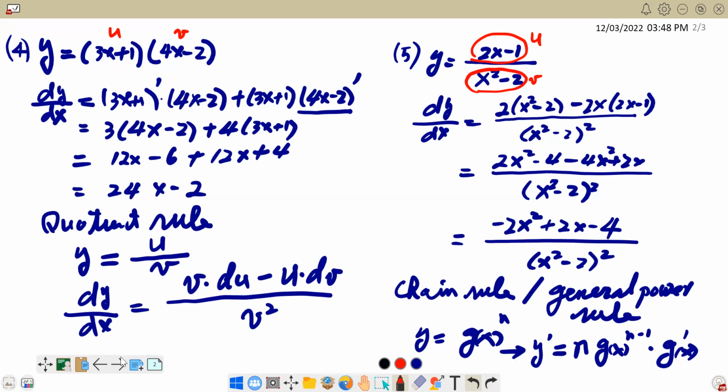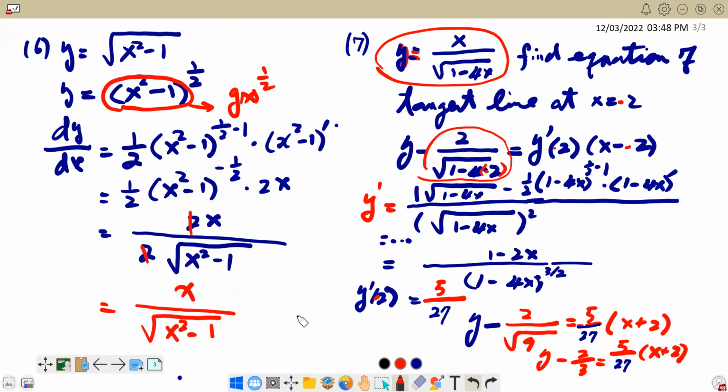Okay, let's see the examples. Suppose we have y equals the square root of x squared minus 1. So we rewrite y equals x squared minus 1 to the 1/2. So g(x) is x squared minus 1, and the 1/2 we copy. So dy/dx is 1/2 times x squared minus 1, this is g, to the 1/2 minus 1, times the derivative of g.